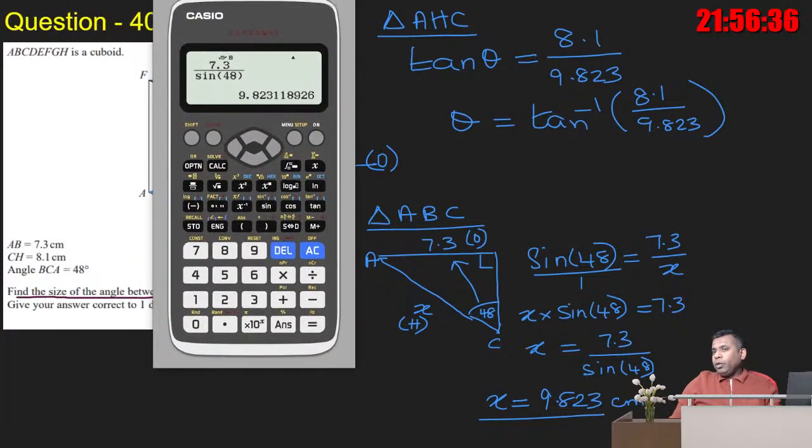If you are using the answer in the next subsequent step, press AC and go for shift and tan inverse of the fraction button 8.1, and underneath this one is the answer. The calculator is clever enough to bring the previous step answer and replace it in the denominator section. Press the equal sign, and 39.5 is the correct answer.